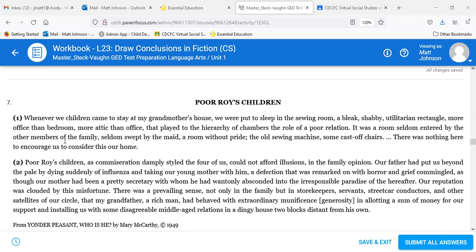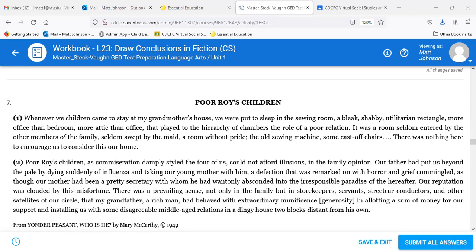Tracy, you want to read the second paragraph? Yes. Poor Roy's children, as commiseration damply styled us, the four of us could not afford illusions in the family opinion.